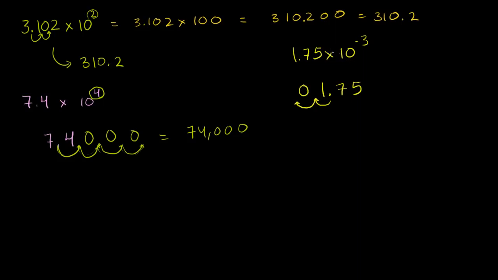And then if you do times 10 to the negative 3, you'd go 3 to the left. And you would have to add another 0. So you take this decimal and go 1, 2, 3 to the left. So our answer would be 0.00175, which is the same thing as 1.75 times 10 to the negative 3.